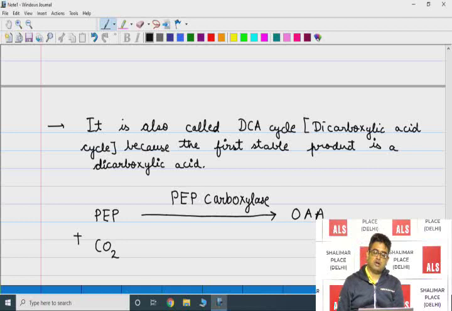So a question has been asked in the NEET examination. Among RuBP carboxylase and PEP carboxylase, which enzyme has more affinity or more love towards carbon dioxide? I want you to guess the answer. You have Rubisco, you have PEPCO.